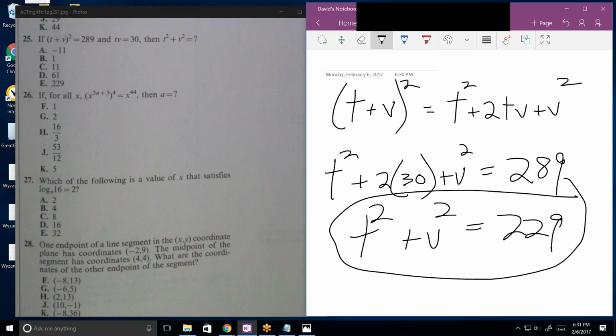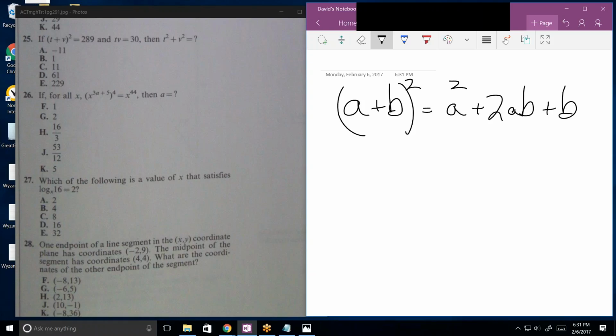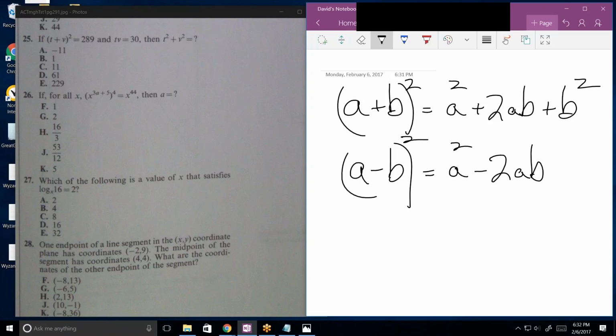Now, let's talk about that for a minute because this is extremely useful to know. Both of what I'm about to write here are true, and you have to do this one a lot too. You have to square the difference of two terms, and the only thing that's different is the sign on that middle term.